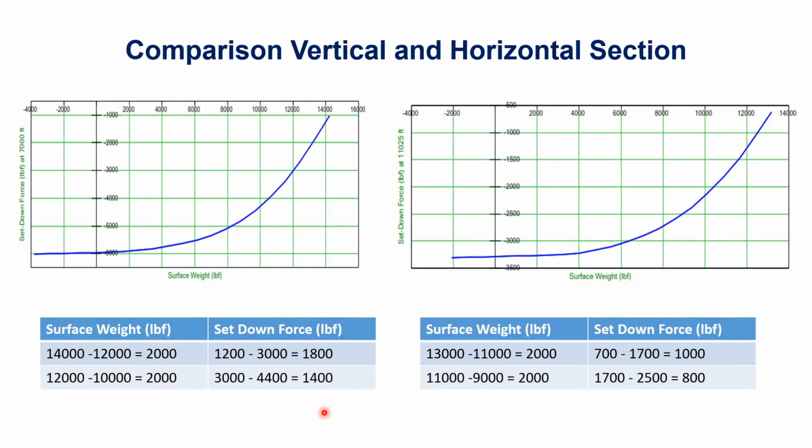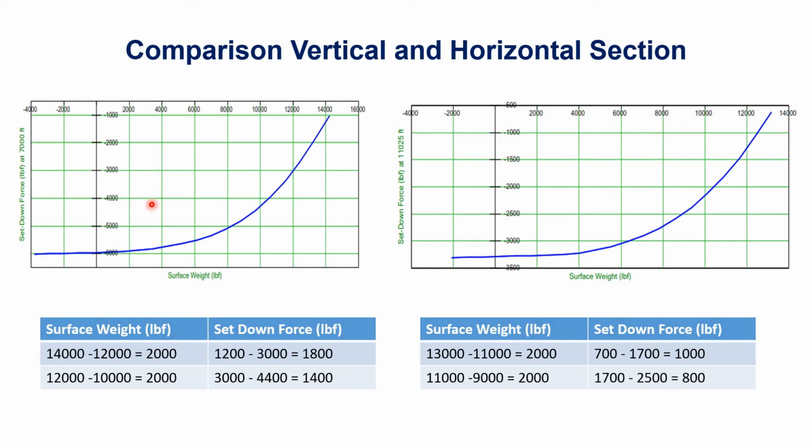Now we'll compare the vertical and horizontal sections of the well. We have run this graph for 7,000 feet, and this graph is for 11,025 feet. We have seen in the well that after 7,000 we have the horizontal section.